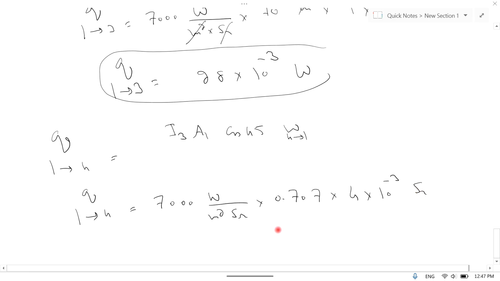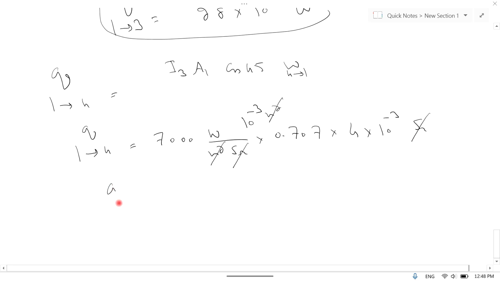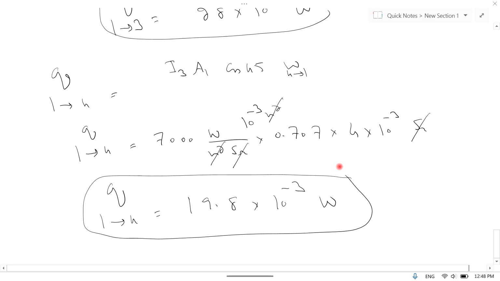Steradian will be cancelled, and area A1 is 10 power minus 3 square meter, so square meter will be cancelled. The final answer for Q from 1 to 4 is 19.8 multiplied by 10 power minus 3 watt. So this is the radiation emitted by surface A1 and intercepted by surface A4.